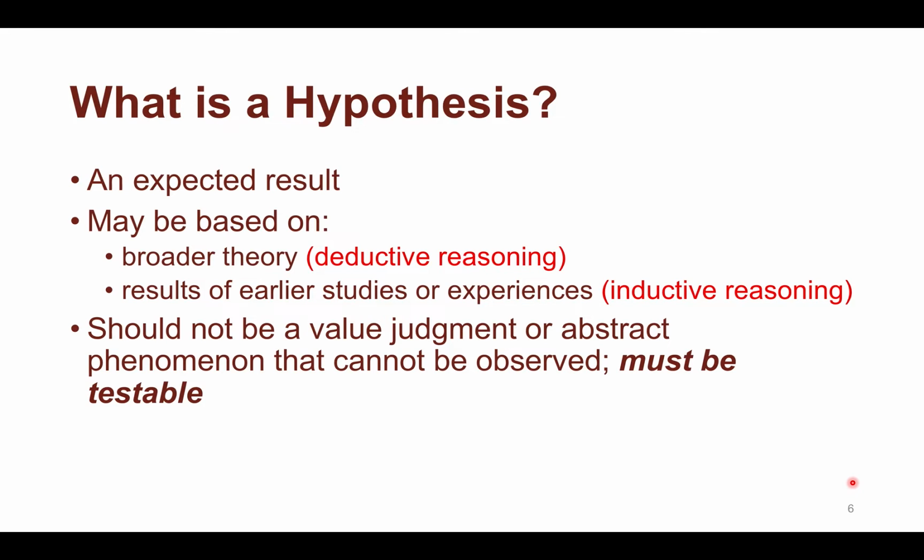So for example, if I'm interested in understanding how the emotions of sports fans in a stadium affect the emotions and performances of the players on the playing field, I can't just say something really broad and abstract like, I think the audience's emotion affects the emotion of the players. It's just too abstract. It can't be tested. You need to sort of reword it in a way that's testable.